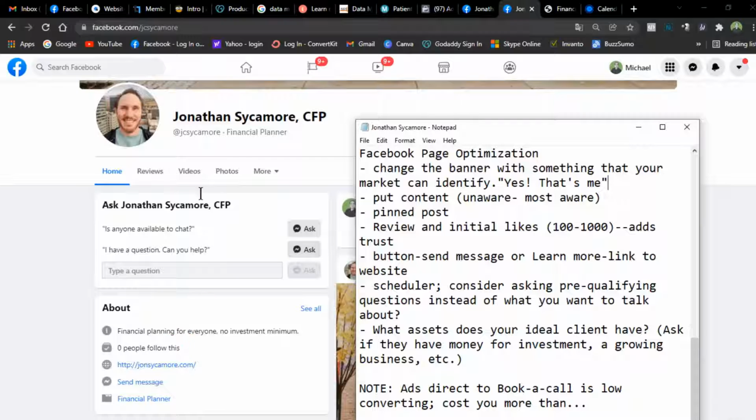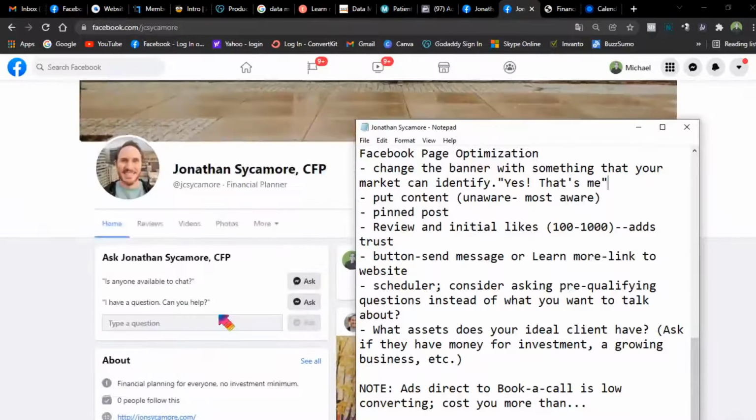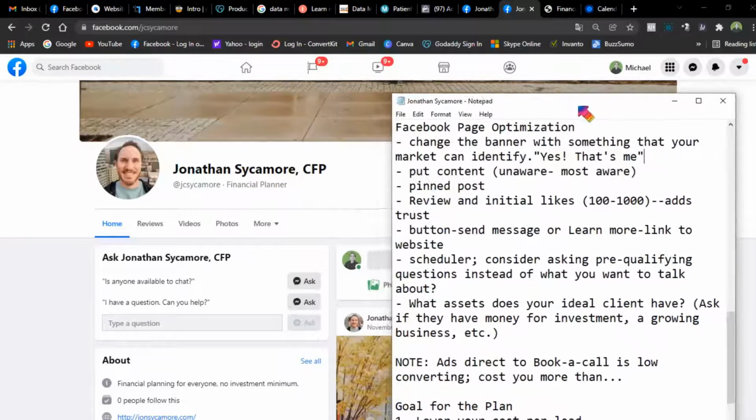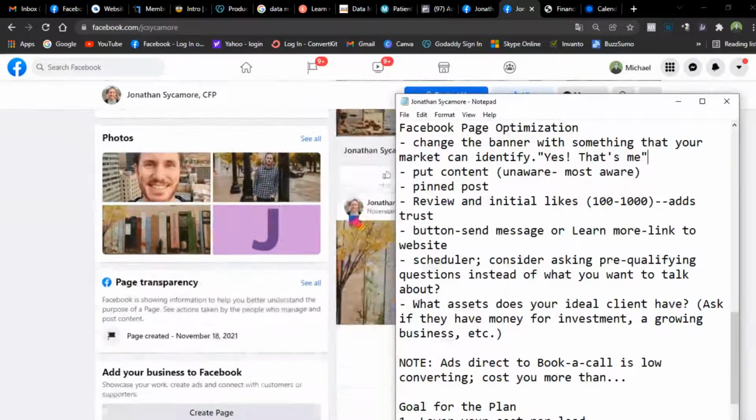And it also helps. The likes also help when people land on your page. They'll see, is this a new page, or is this already a legitimate page, right? Basically, that's what I meant. And you want to put some content, okay?